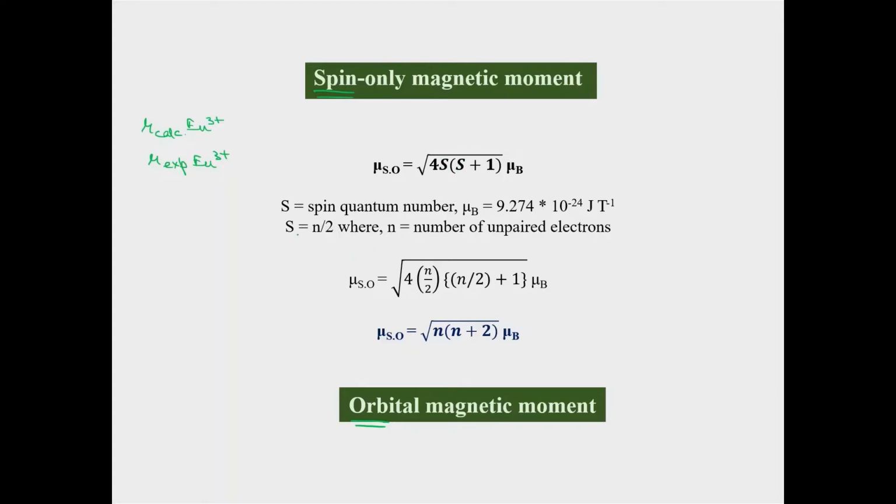Since each electron has a spin of half, if there are n unpaired electrons, then S equals n by 2, and from there the mu spin only value comes as root over n into n plus 2 Bohr magneton. So if there is any unpaired electron, then spin magnetic moment will be there.